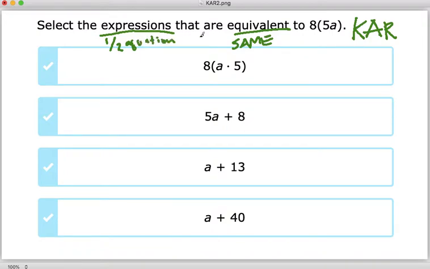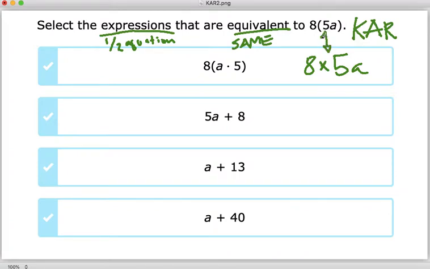Just one side. Okay, so 8 parentheses 5a is the same as 8 times 5a. All these little, that's the same.